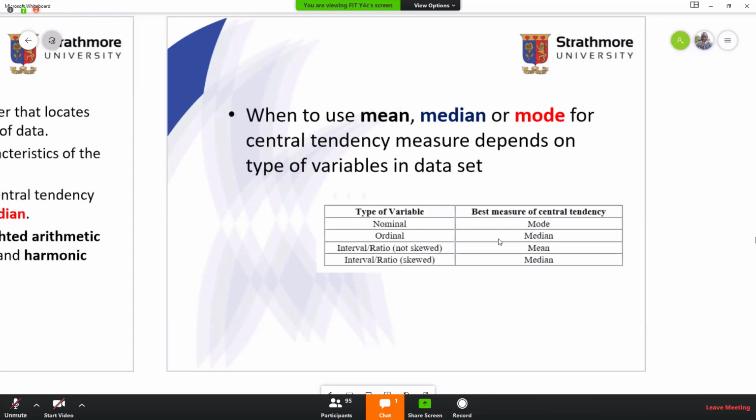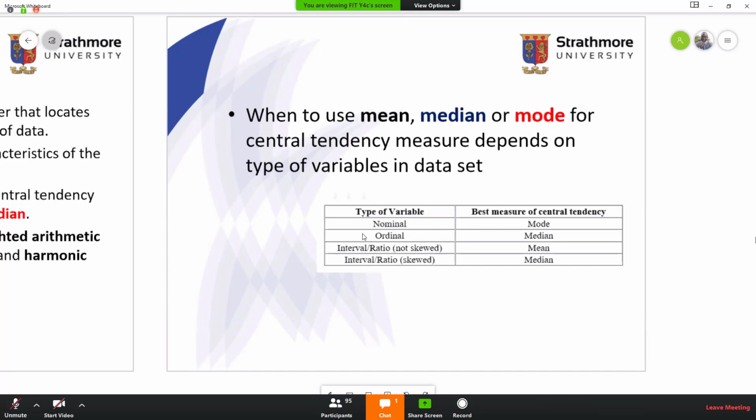If I have ordinal data, we use median. You cannot compute a median on nominal data. If I have interval or ratio data, I can use either mean or median, depending on whether the data set is skewed or not skewed. We are discussing skewness in a moment.